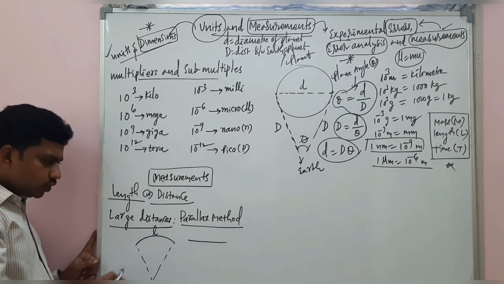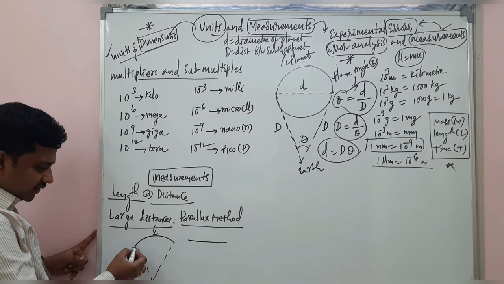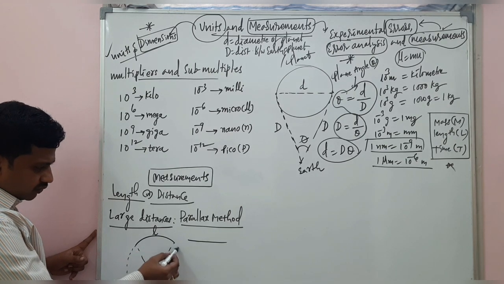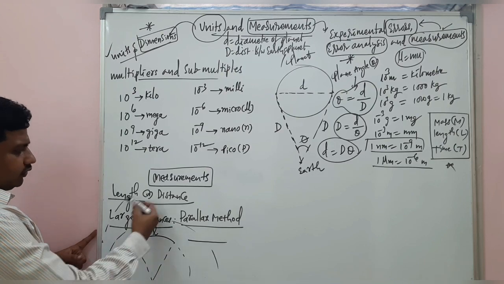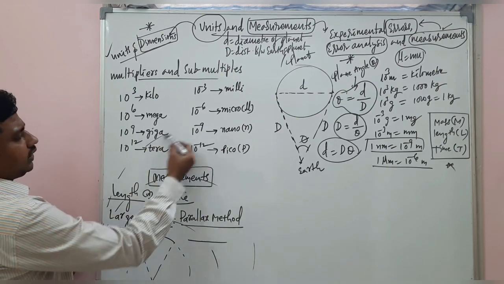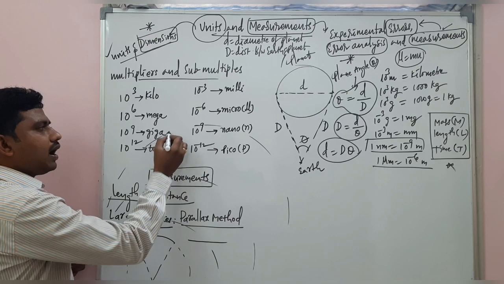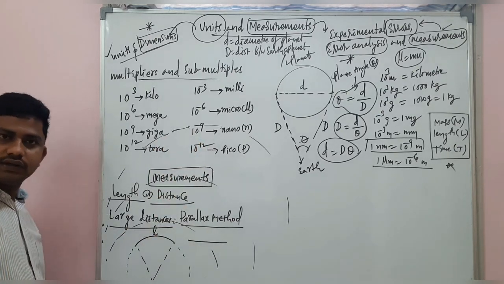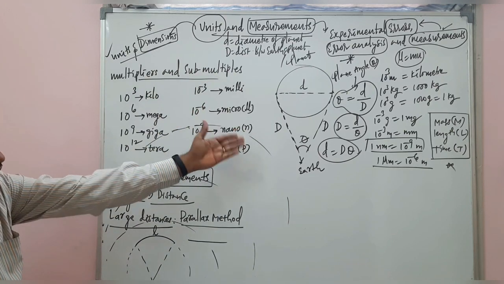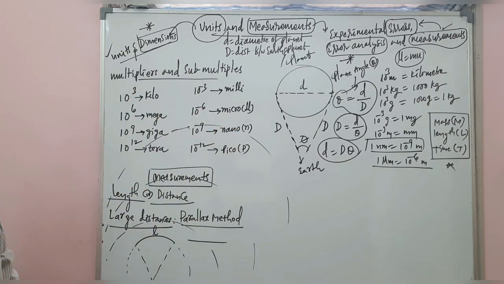How? Look here. If this is a smaller circle, all right, this is a smaller circle. If you take a huge circle, what happens? See, if you take a huge circle and take a small part, that is almost a straight line. Understand? So this is how we can discuss the parallax method, right?